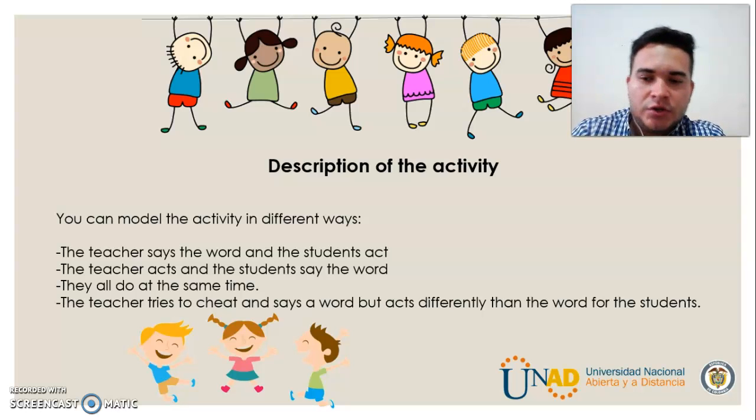Or finally, the teacher doesn't say a word, but acts differently than the word for the students. This is to make the activity more difficult, but nobody loses in this activity.